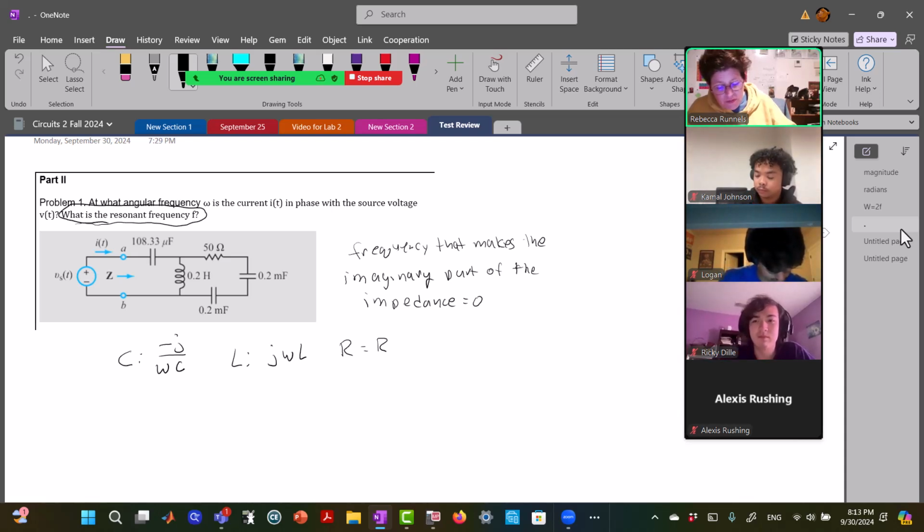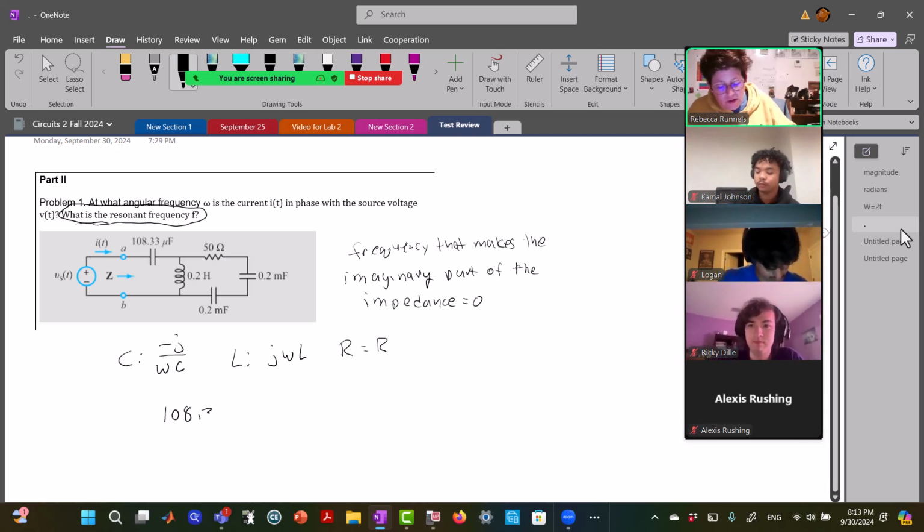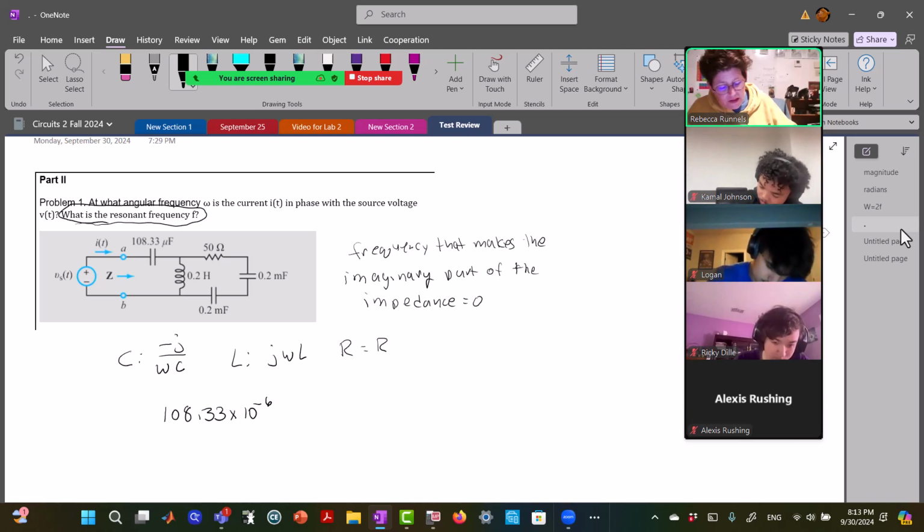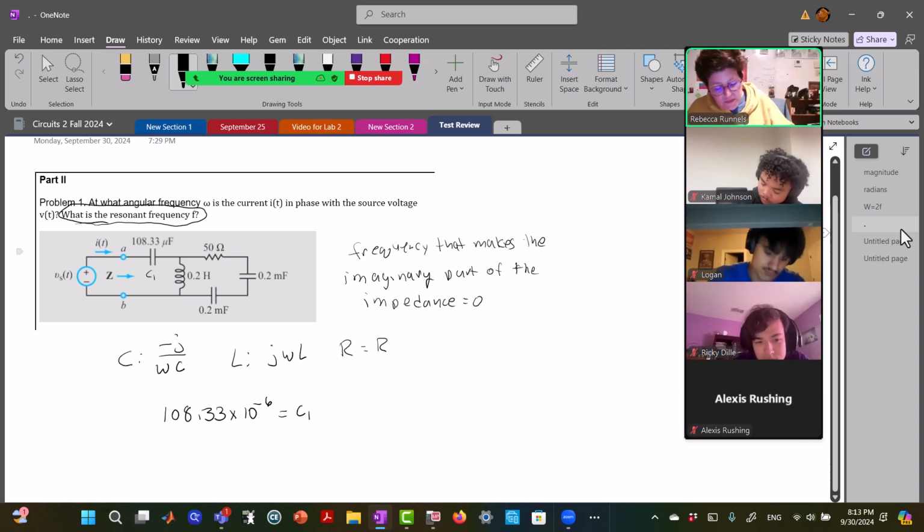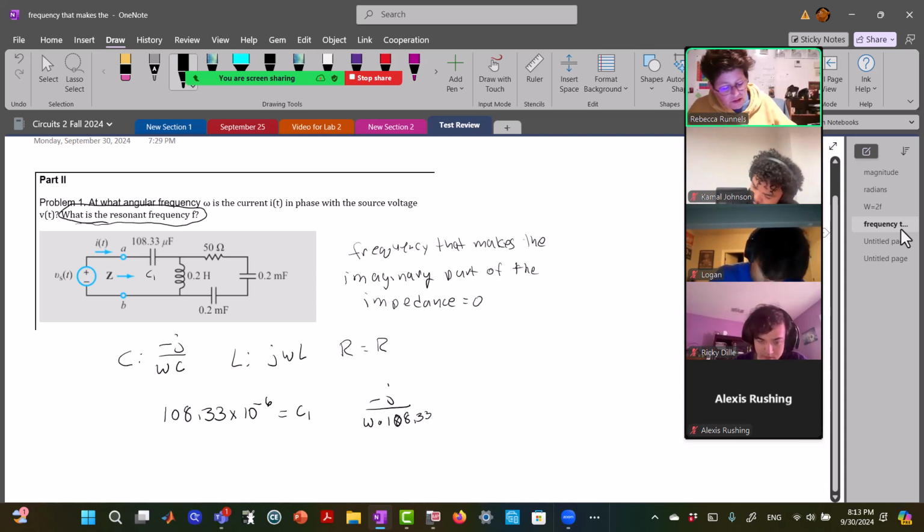So the 108.33 times 10 to the negative 6 farads, this first capacitor, is C1, and in the phasor domain that would be minus j over omega times 108.33 times 10 to the minus 6.